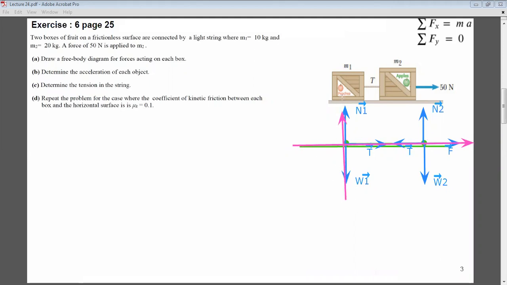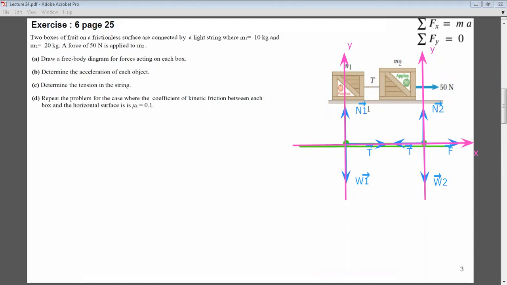And for each one of them, the y-axis is upward. Okay, so we draw the free body diagram, and it shows the x-axis and y-axis.